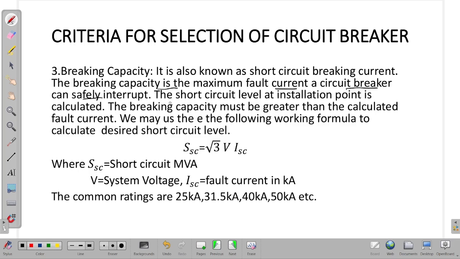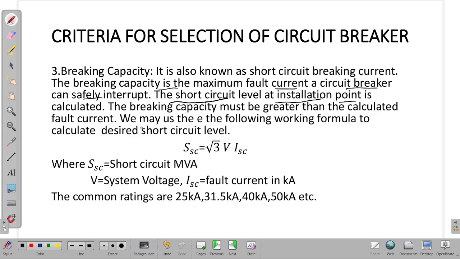The short circuit level at the installation point is calculated, and the breaking capacity must be greater than the calculated fault current.